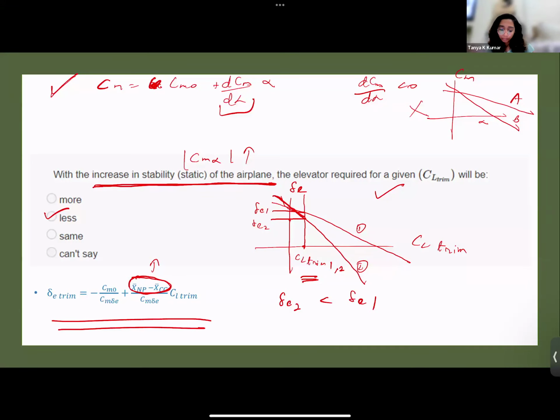When that quantity increases, the slope increases. So in your case 1 and case 2, you can see in case 2 the slope is increased. So does the elevator required increase or decrease for the same CL trim? Can you just tell me where you face the issue? It's just for me to know which part I'm not being clear on. Why did you think it was increased? I know it's clear now, but can you tell me where was the difficulty?